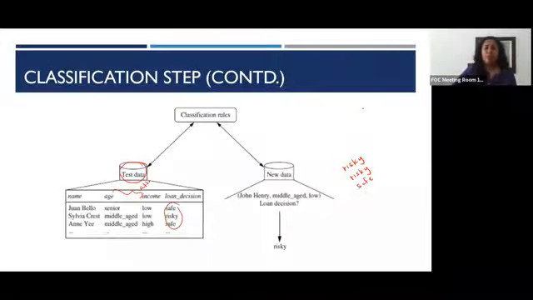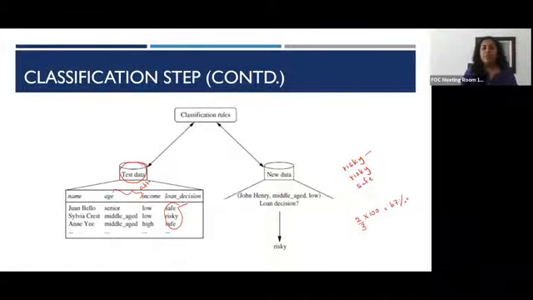I have written them in order, right? Assume that this is in order. So how many are correct actually? Correct tuples are 2, right? The first one is actually safe, but the predicted one is risky. That means out of 3, only 2 are predicted properly. As a percentage, you can say the accuracy of this model is 67%. Is that clear to all of you?